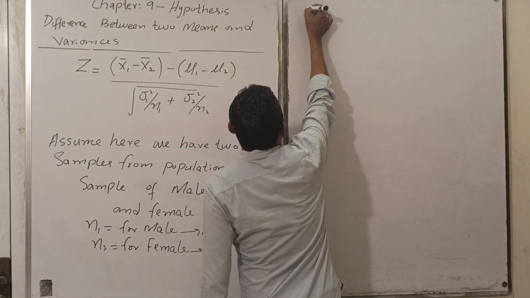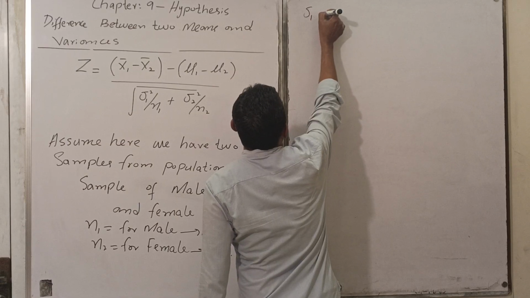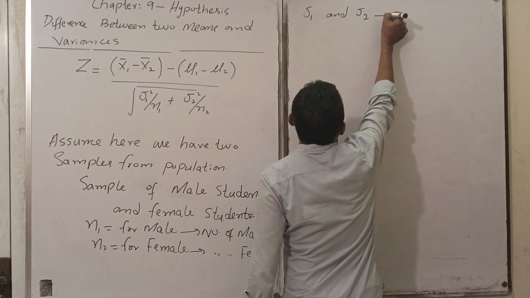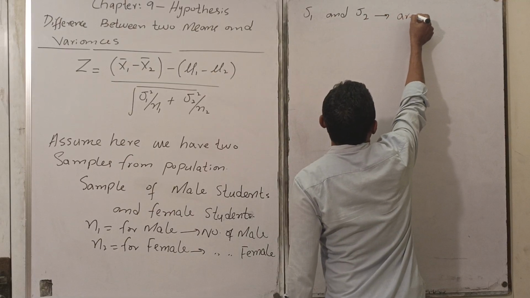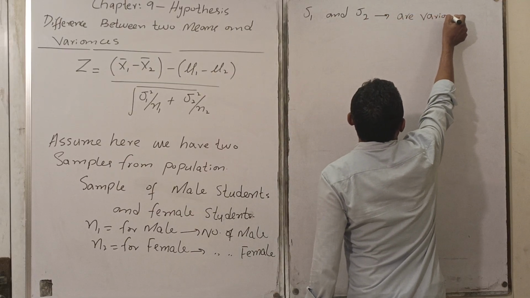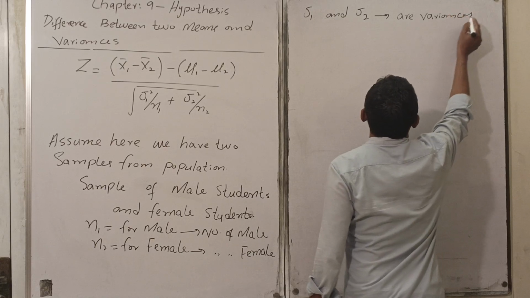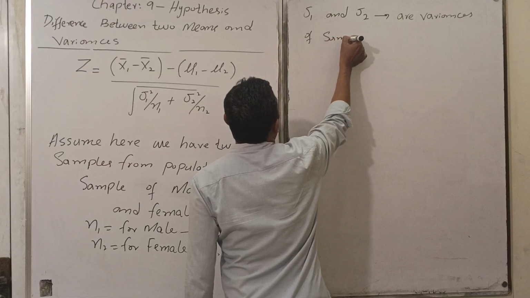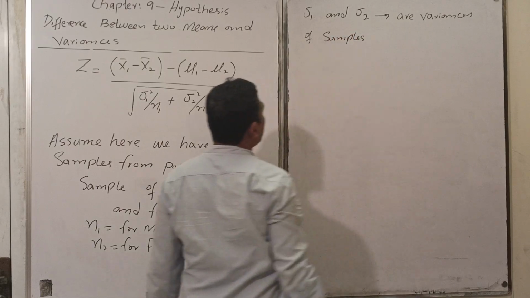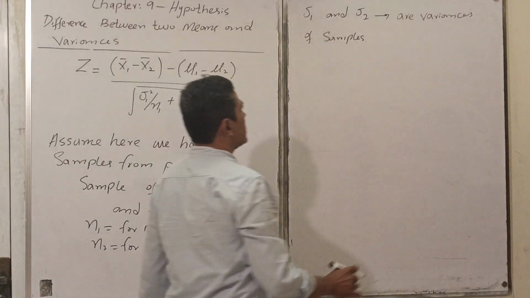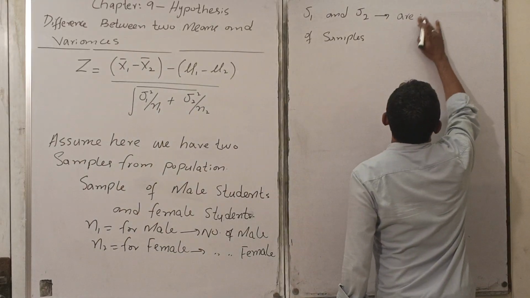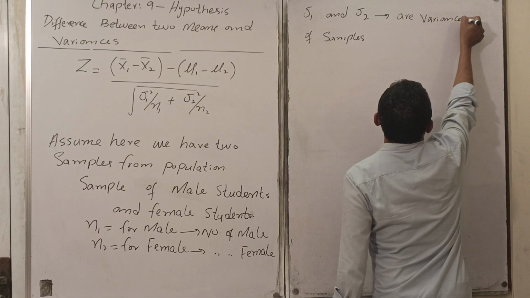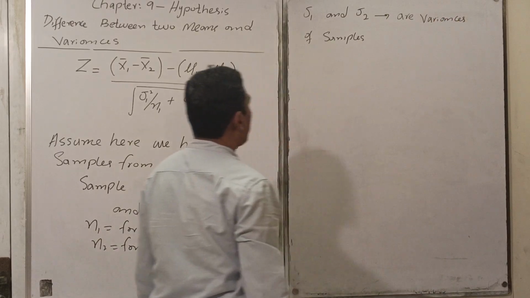And sigma 1 and sigma 2 are variances of samples. Okay, variances of samples.